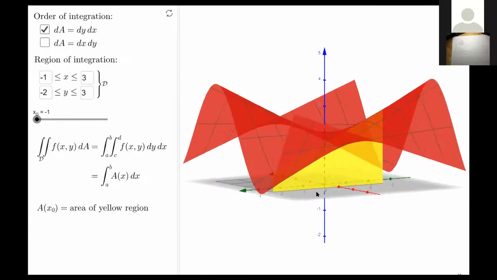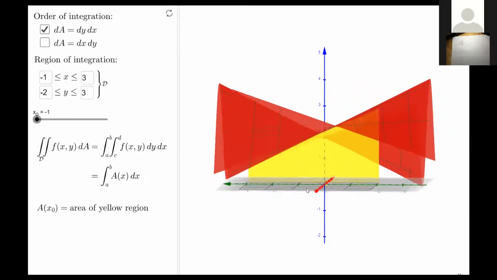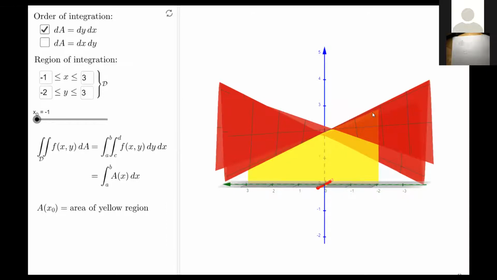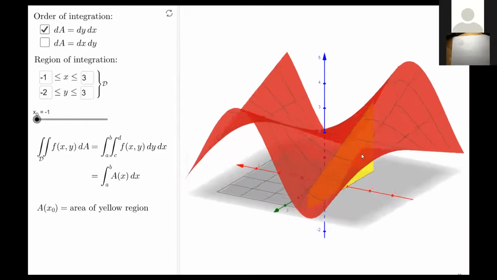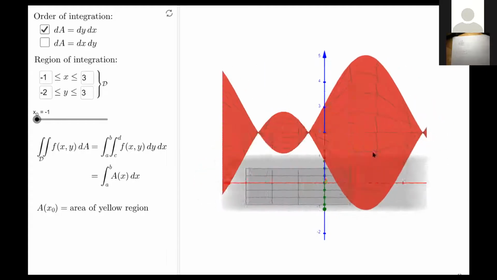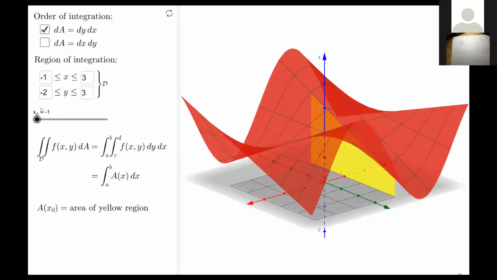In one dimension, I basically just get the area under a curve. Okay? And in order to get the volume under the surface, now I need to add all of these areas on the interval from A to B. And that's the whole idea of the iterated integrals. Okay?